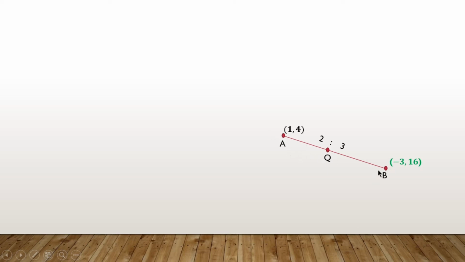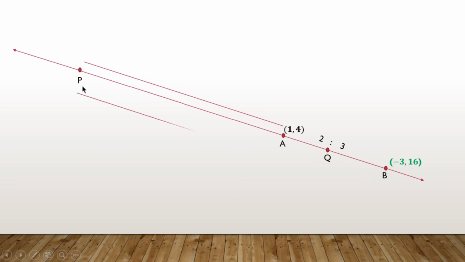If we extend this line segment just like a line, then there exists a point P on the line which divides this line segment AB externally in the ratio 2:3. That means PA over PB is 2:3.